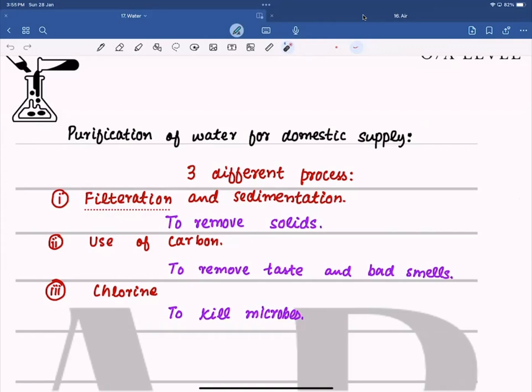So the solid particles which are very heavy settle down at the bottom, and the solid particles which are big and lighter come on the top. We remove these bigger solid particles like this, and that is called sedimentation. Filtration is a screen or a net through which the water is flowing. Any solids are restricted by that screen or net, and all the water goes. That is filtration.